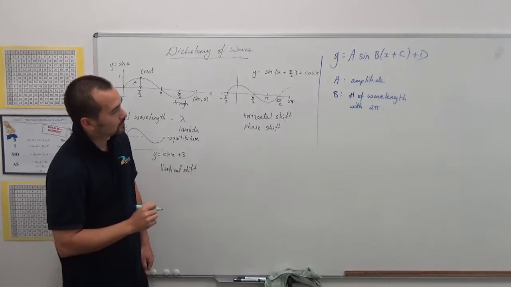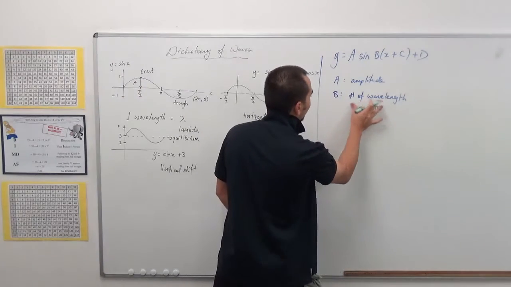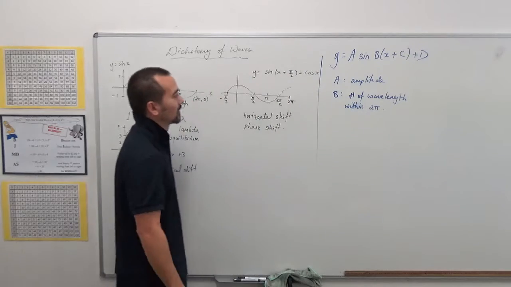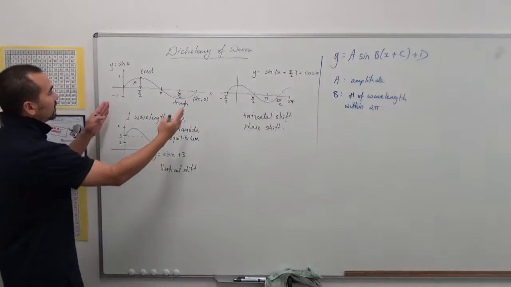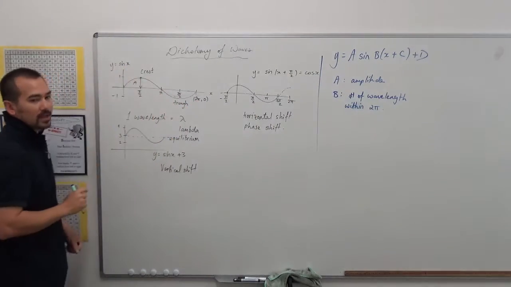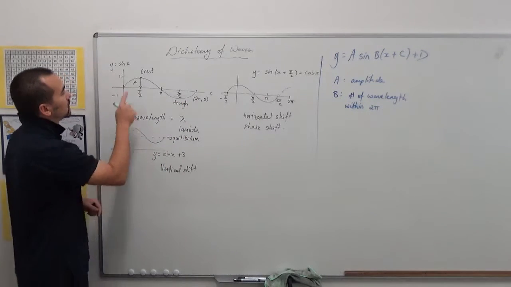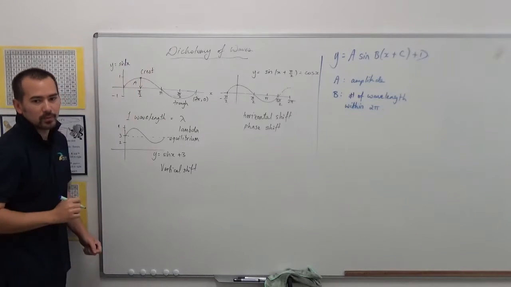So over here on the sine x graph, how many wavelengths do I have within 2 pi? Only 1, and so you can see that the value of b there is 1.